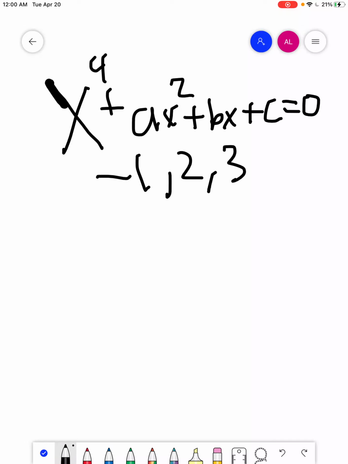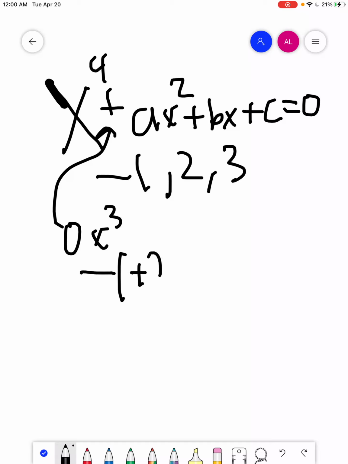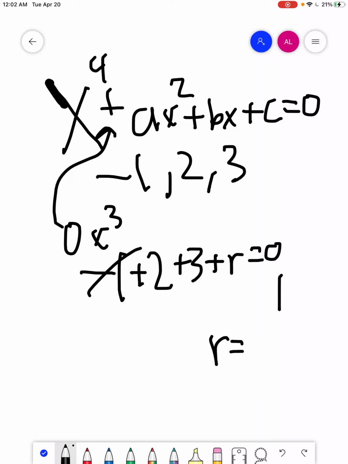Based on our Vieta's formula, notice that there's a 0 before the x to the 3rd, so the sum of roots is equal to 0. That's how we can find the 4th root. 1 plus 2 plus 3 plus, let's call the 4th root r, is equal to 0. Move 1 to the other side and subtract 5, so r is equal to -4.